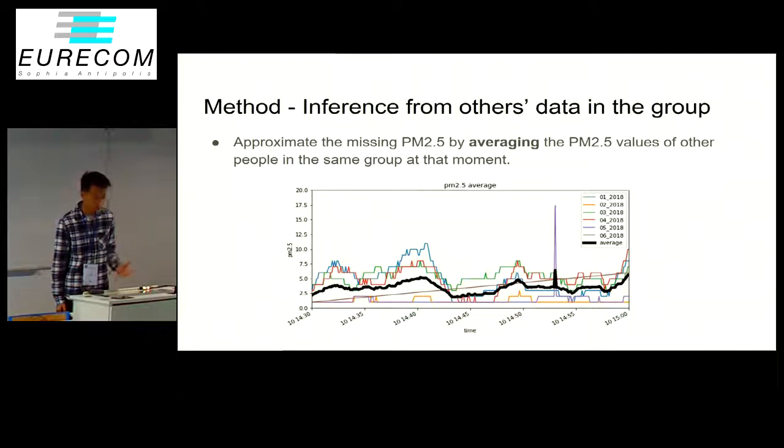So they infer all the missing values using one-dimensional linear interpolation, and from those predicted values, they average them and fill in the missing value of the target one.